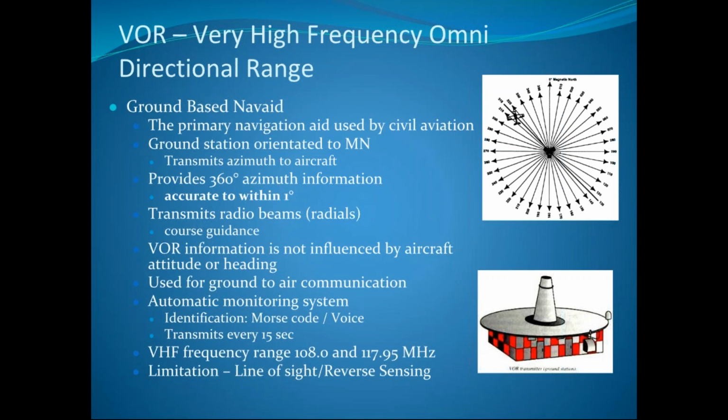It's hard to explain, but you'll have the 180 degree, or what we call the reciprocal, in there with the wrong indication, and that's due to the user not tuning into the station correctly. So the limitation really is not necessarily the reverse sensing, but the user's ability to tune into the station properly.